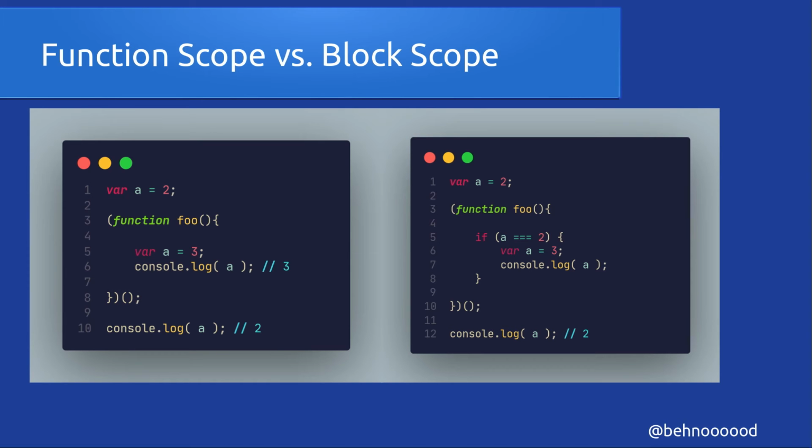So the function scope is created by the function foo. If you run this code, you'll see 3 and 2 in the output.